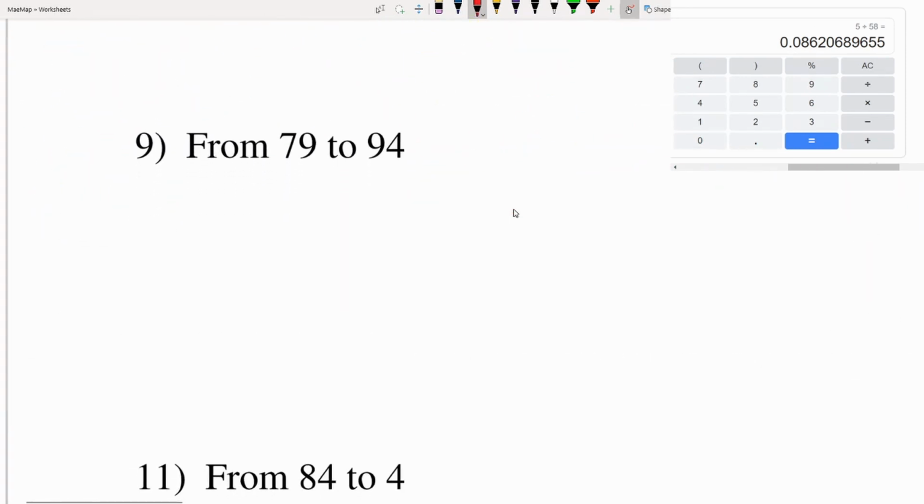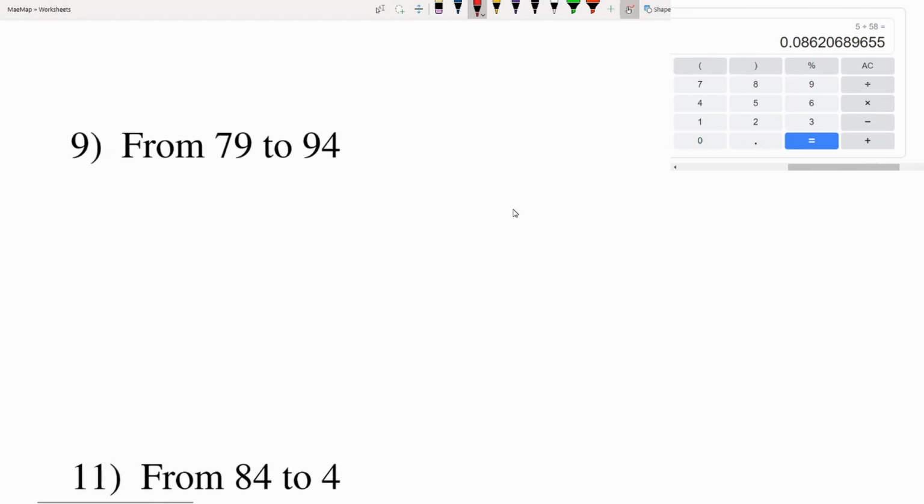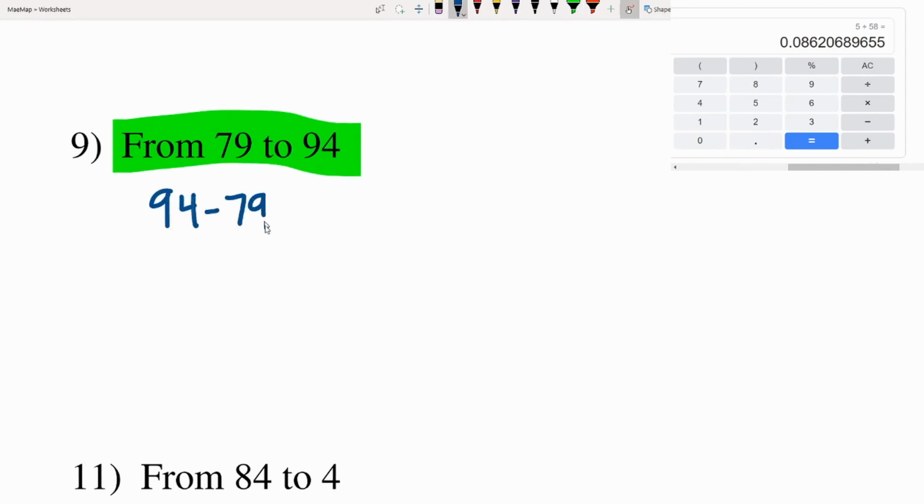In number 9, going from 79 to 94, we're increasing the value of that number. So this is an increase. Finding that change, we take the larger number and subtract the smaller number. So 94 minus 79. That's going to be 15. So then we're going to take that change over the original starting number.